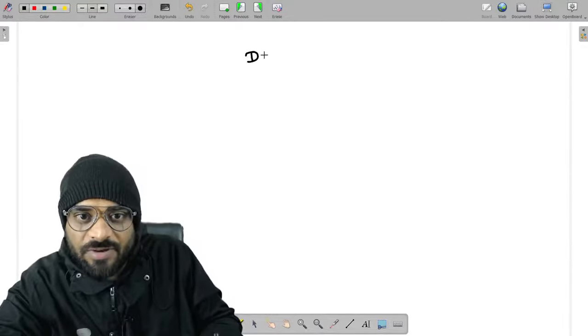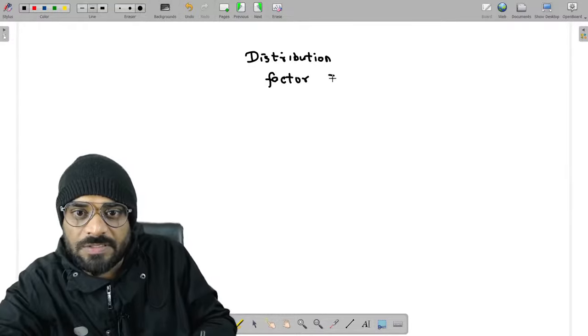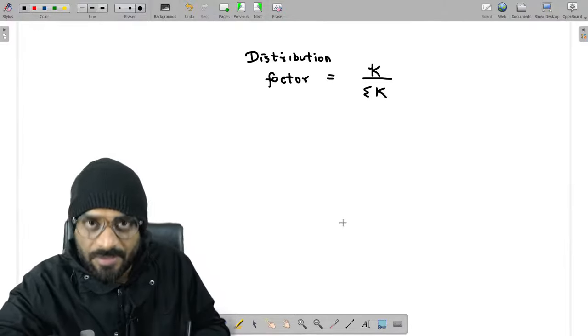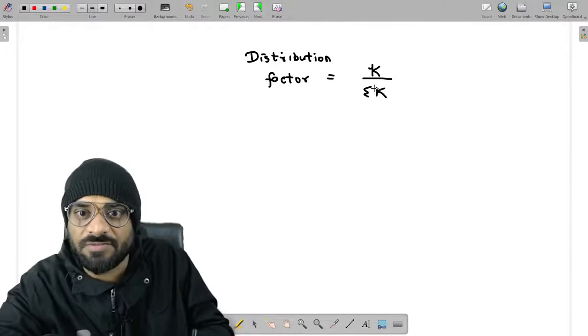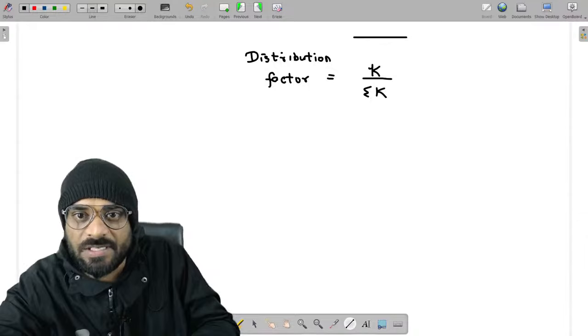Distribution factor is equal to stiffness of a member divided by summation of stiffness at that particular joint. That is basically our distribution factor.